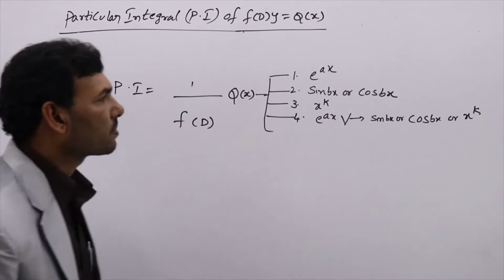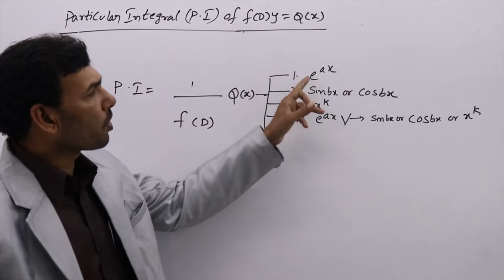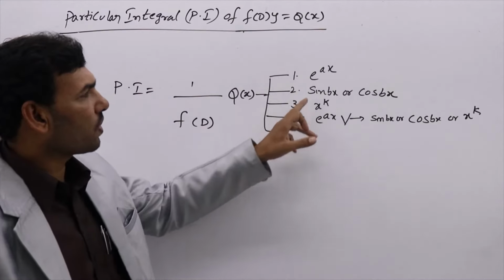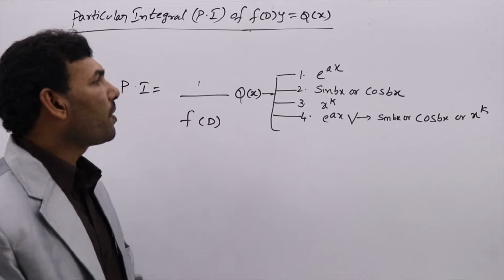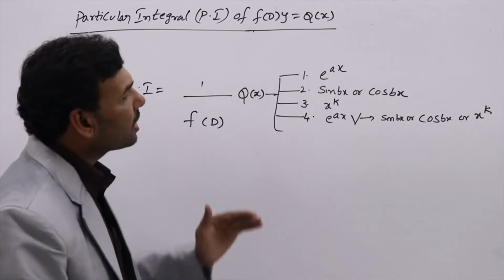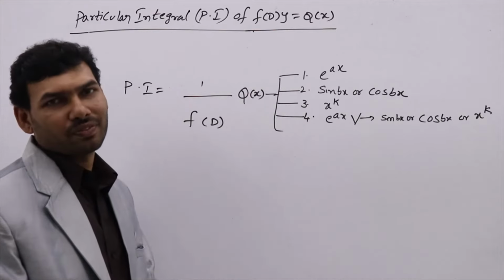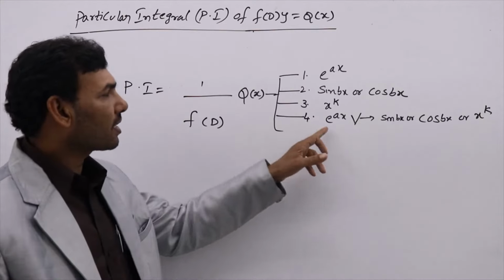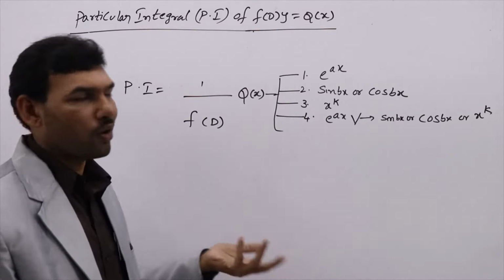If you have these in product, like e power x into sin, e power x into cos, e power x into x, that comes under the 4th rule.